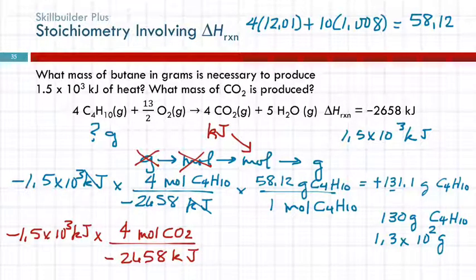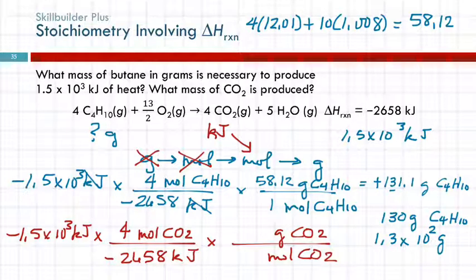So that term actually ends up being almost identical. And then we need grams of CO2 to moles of CO2. This would be the mass of carbon plus 2 times the mass of oxygen. It's 44.01. It scares me a little that I have that memorized.